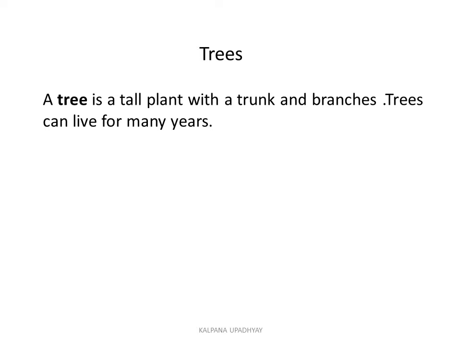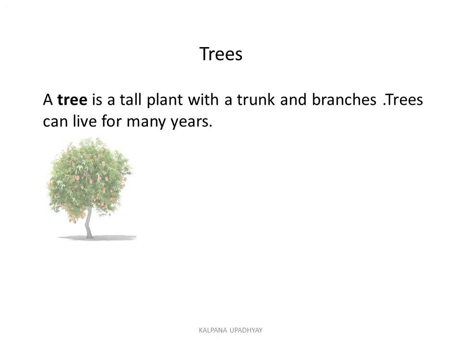Trees. Near our house, on the road, in our surroundings, we can see many big and tall plants. They are called trees. A tree is a tall plant with a trunk and branches. Trees can live for many years.